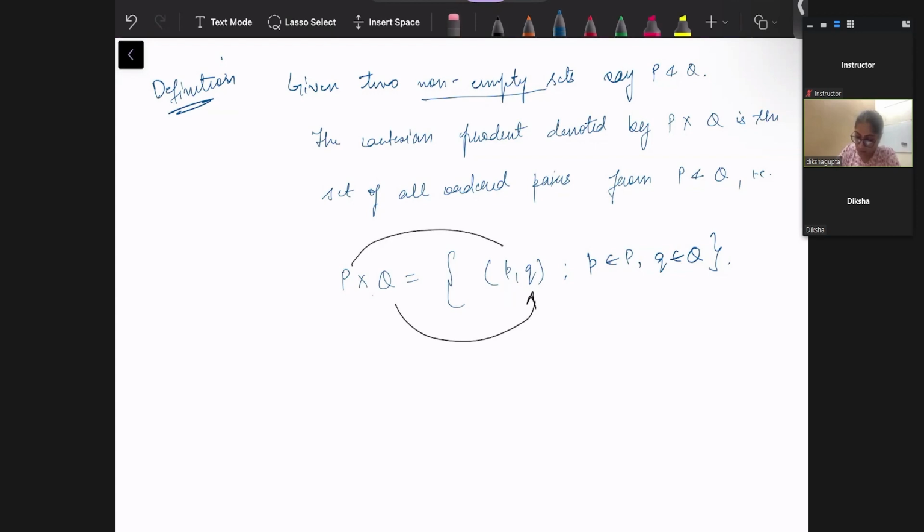So for now, I stated the definition for two non-empty sets.